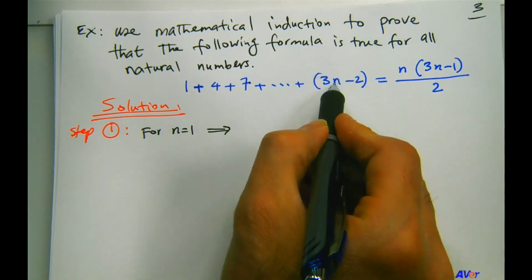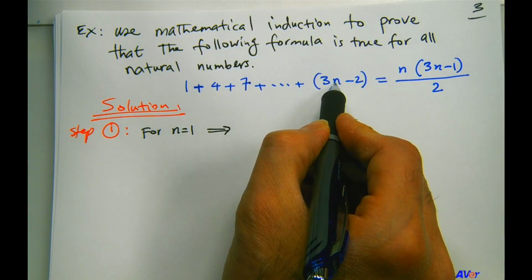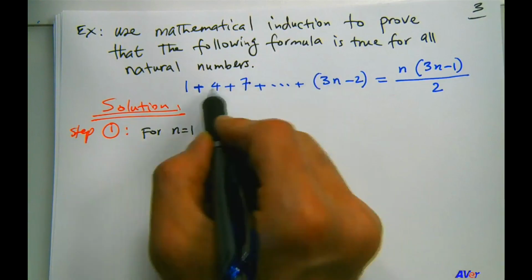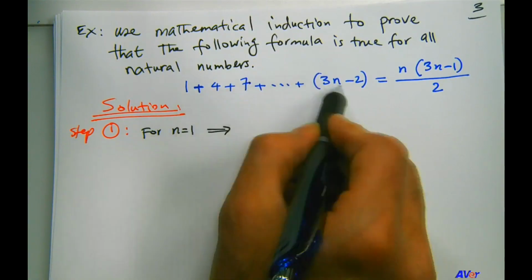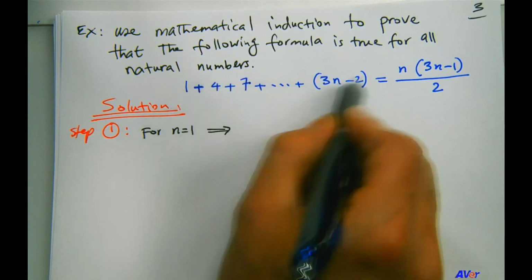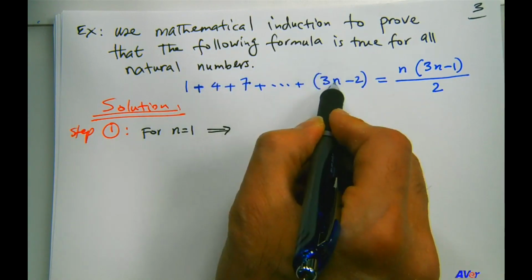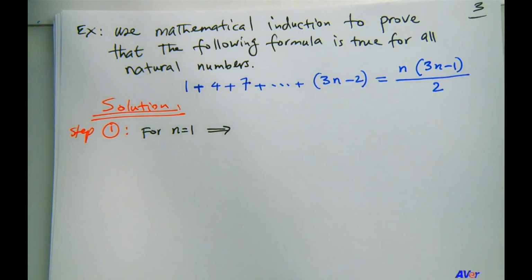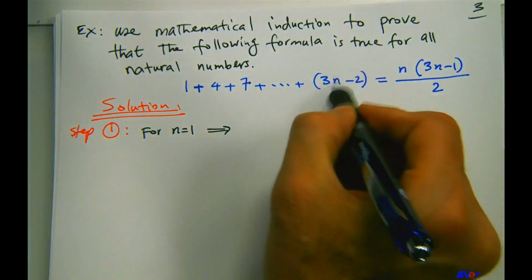So substitute for n with 1 and you get 1. Substitute n with 2, you get 4. Substitute n with 3, you get 7. So all of this is coming from incrementing n with all natural numbers, 1, 2, 3, 4, 5, and so on. Okay, that's that.